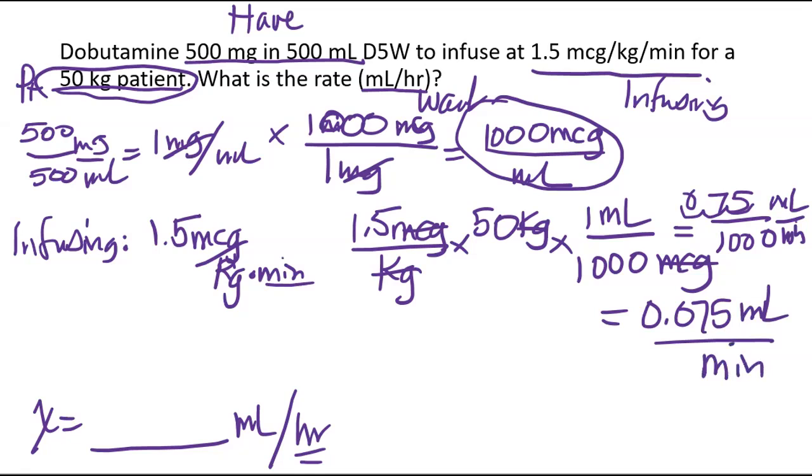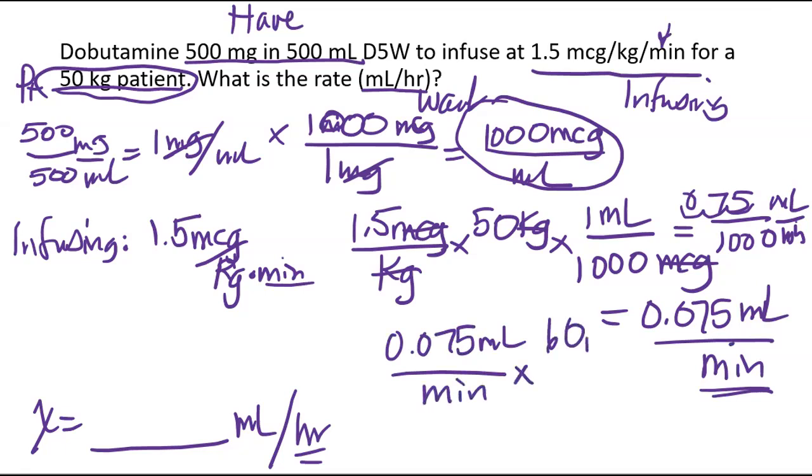All right, so then we take this, let's see here, milliliters per hour. We need to change minutes to hours because we started up here with minutes. So we take 0.075 milliliters per minute times 60 minutes per hour.